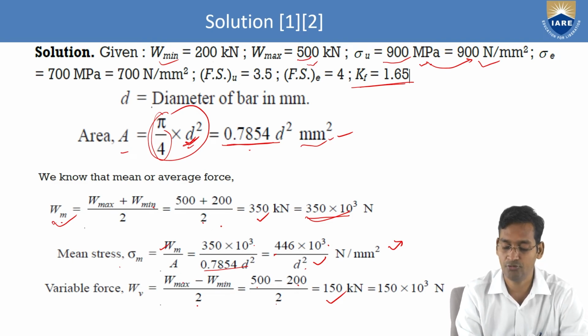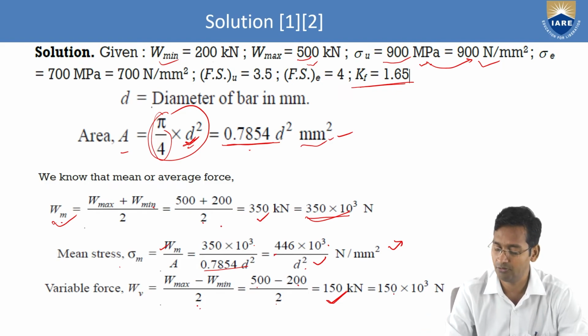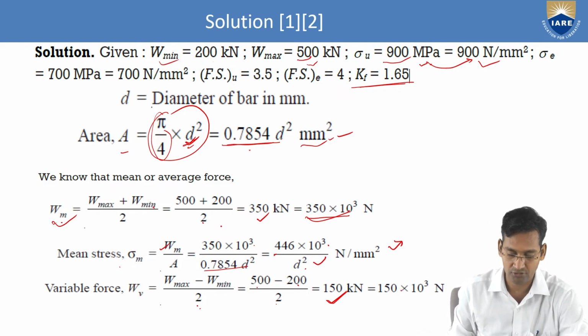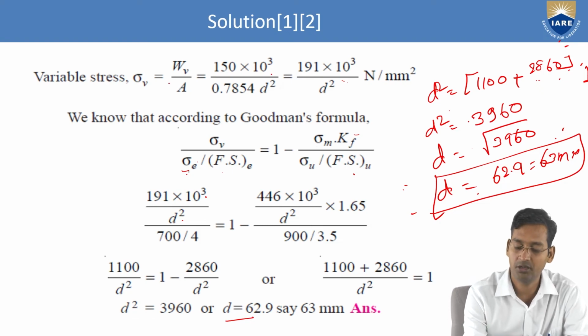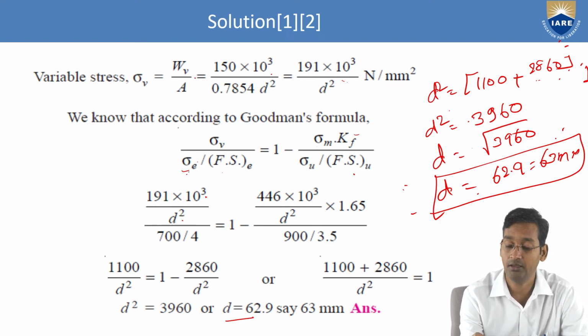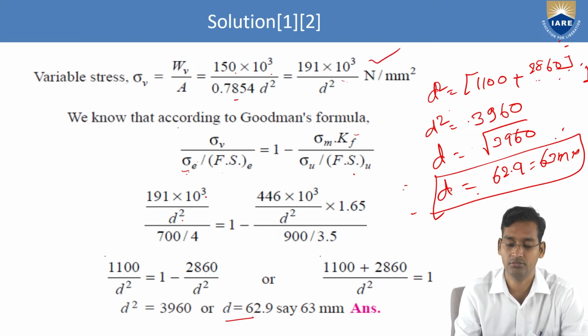Variable weight, Wv, is W max minus W mean by 2. So with this, 150 kilonewton or 150 into 10 to the power 3. So now we have sigma m. We found Wv. So with this Wv we will find sigma v. Sigma v is Wv by A. After substituting, we got this one.